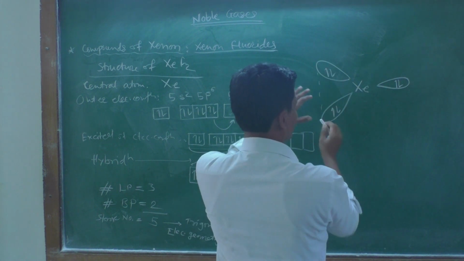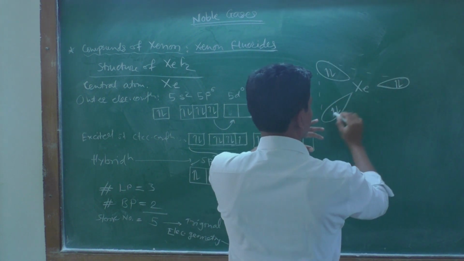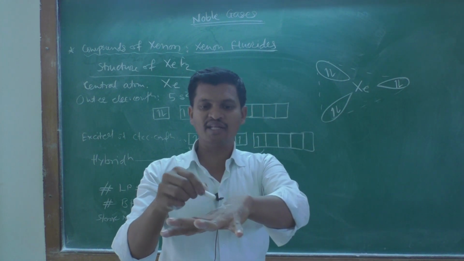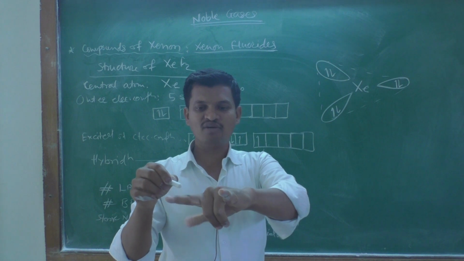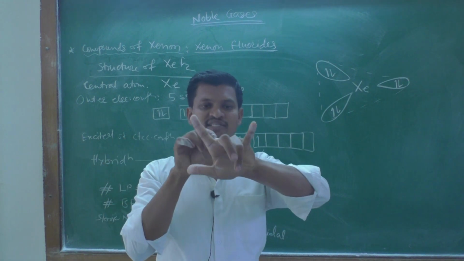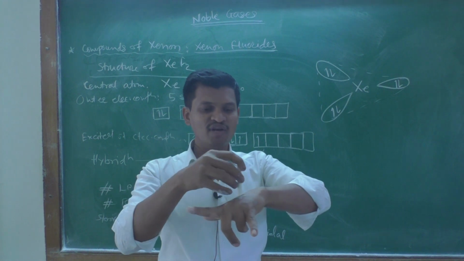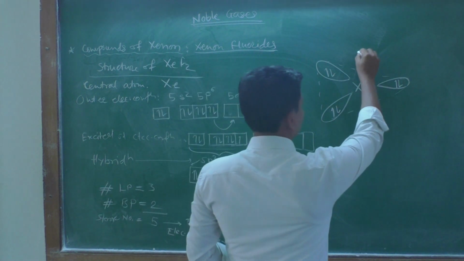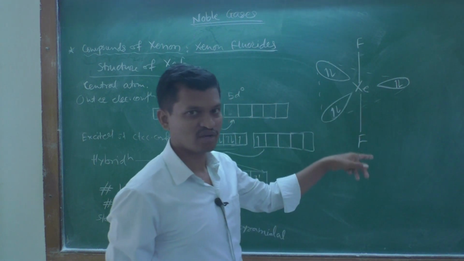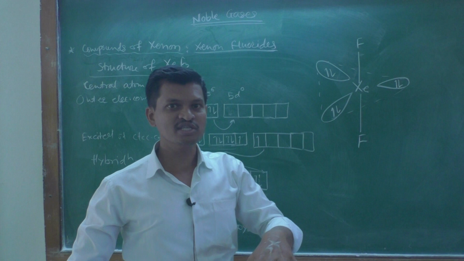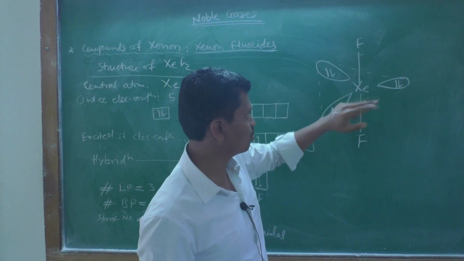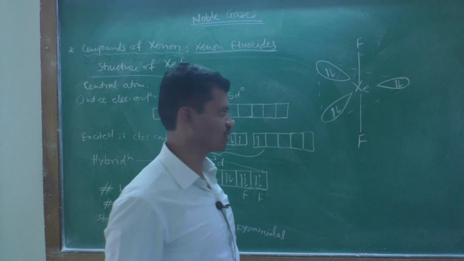They form a triangular base with the xenon atom at the center, 1, 2, 3. The central atom is xenon, and 2 fluorine atoms take the axial positions of this trigonal bipyramidal. This is the shape of the molecule.